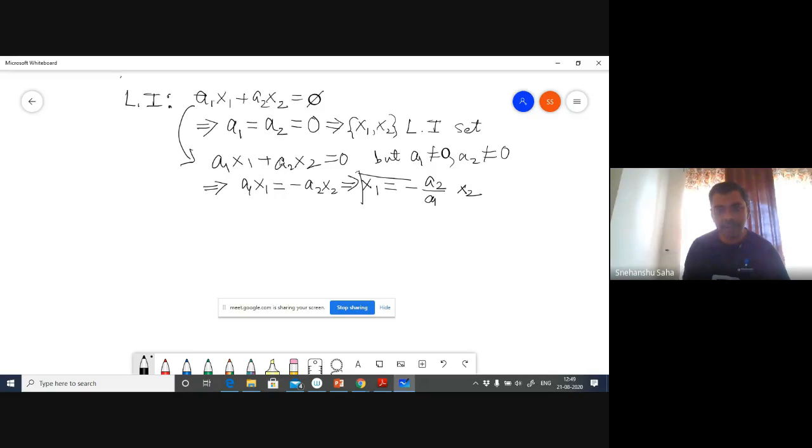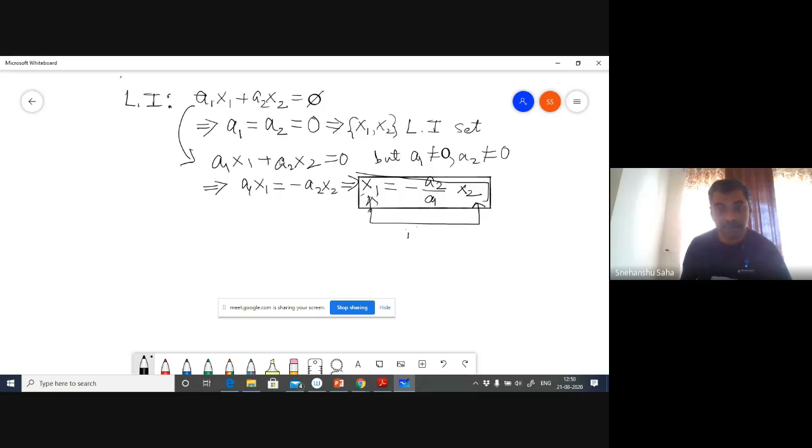Would you agree that this is fine? Okay, so if you look at this, you are able to express one vector, just like 3, 0 and 1, 0, you are able to express x1 in terms of x2, right?